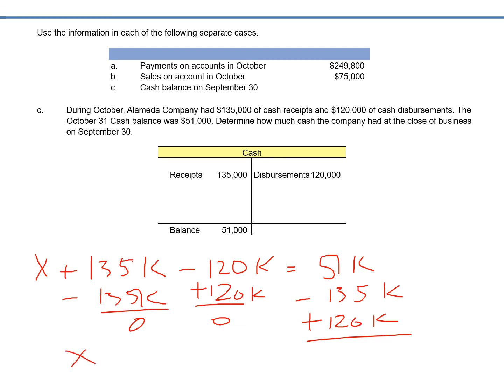All we're left with is X equals, let me get out my handy dandy 10 key. Don't tell anybody. So we have 51,000 minus 135,000 plus 120,000. That means our beginning balance is 36,000.